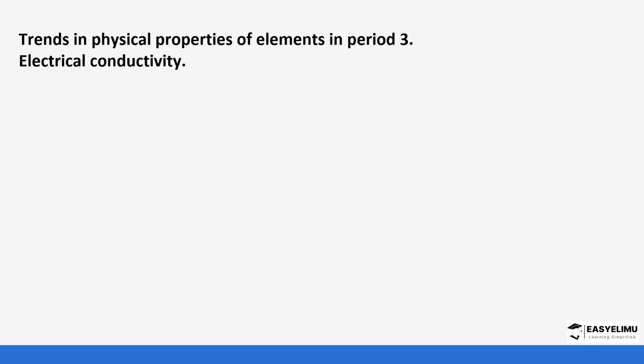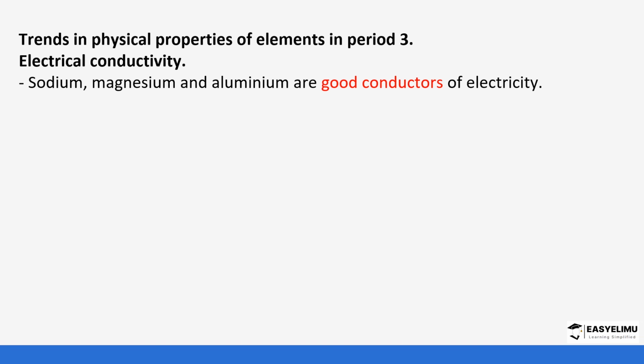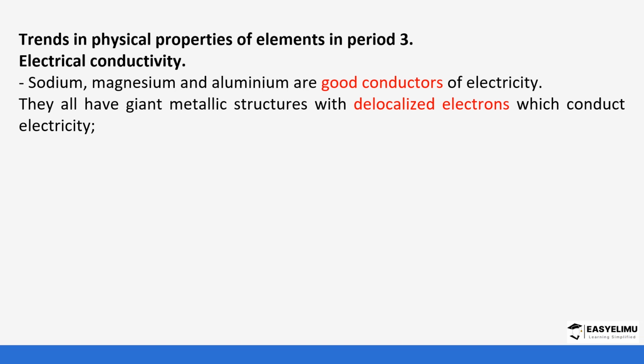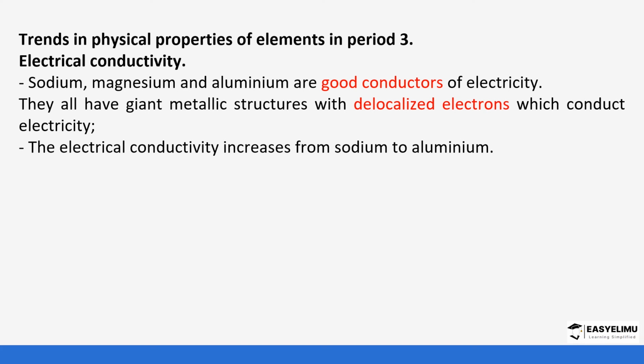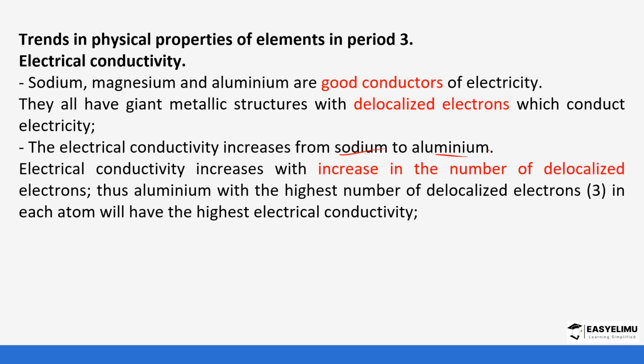So one of the properties we talked about is electrical conductivity. Sodium, magnesium, and aluminium are good conductors of electricity first because they have delocalized electrons in their structure. This is what conducts electricity. But the conductivity increases from sodium to aluminium. We discussed this in metallic bonding.